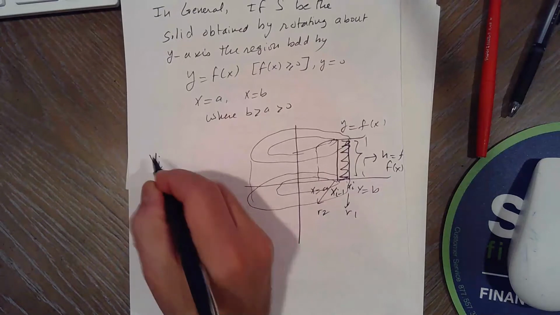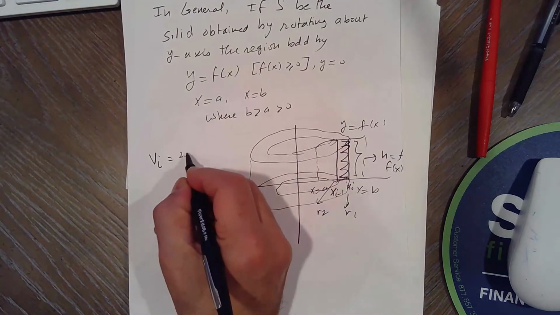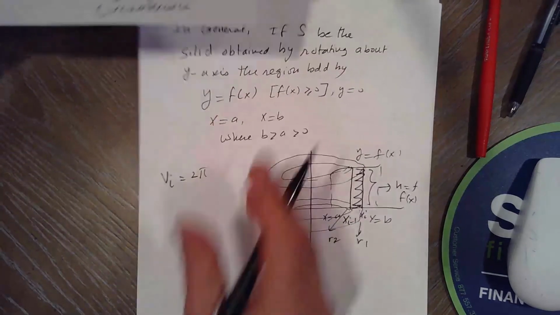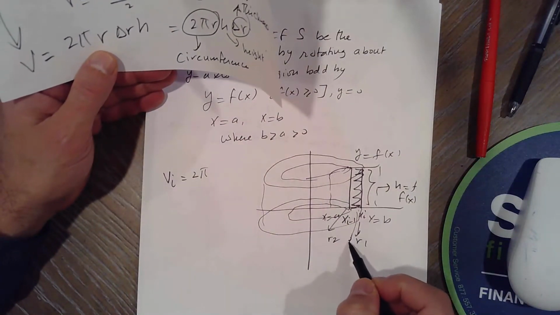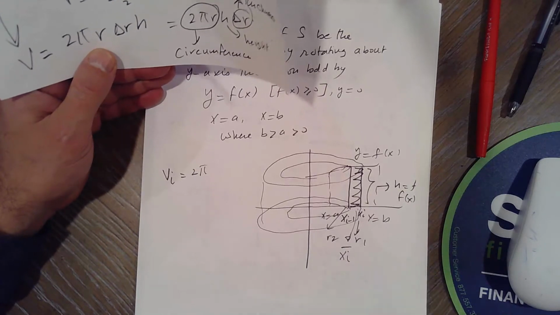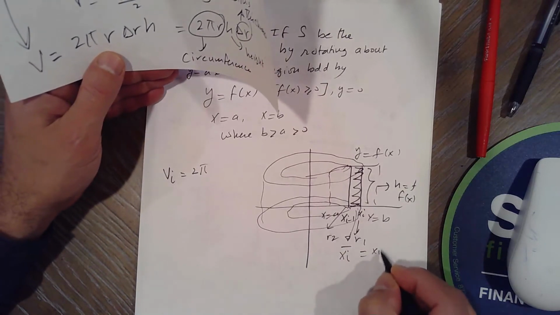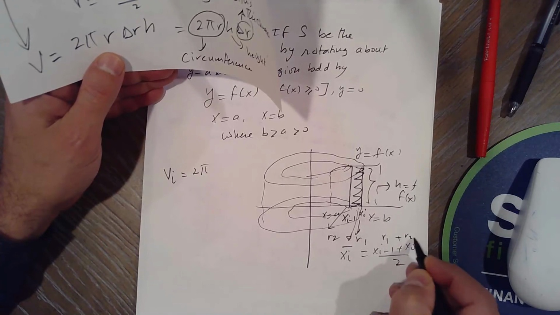So V i, the volume of that strip, is going to be 2 pi, just like what we did. It's going to be 2 pi, and then we use x i bar, that's what they call it, which is x i minus 1 plus x i over 2, just like r1 plus r2 over 2.